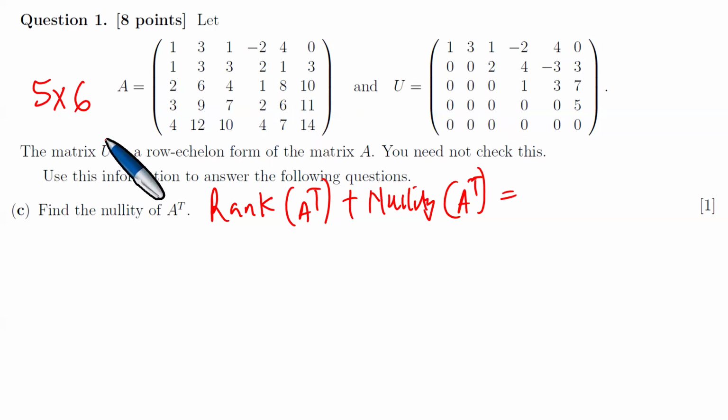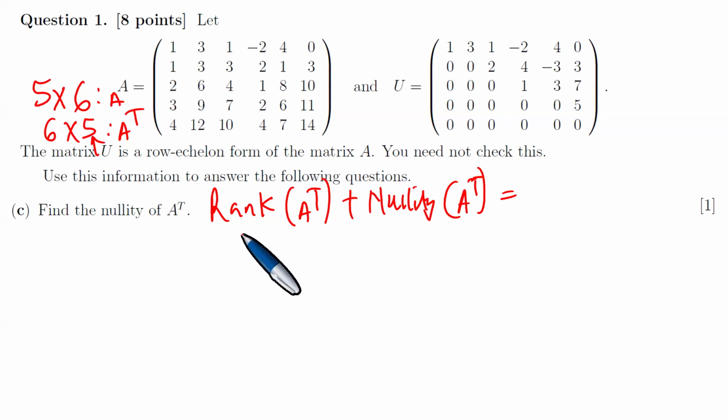Now, if this is the matrix A, then A transpose is the other way around: 6 by 5. We're interested in the number of columns, which is 5.